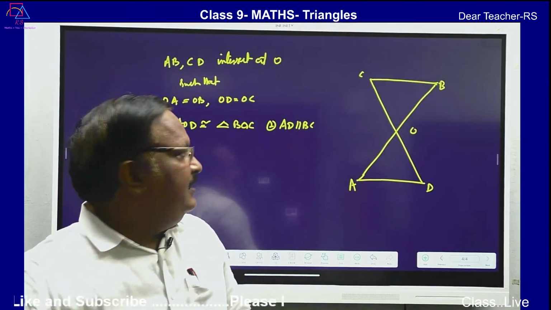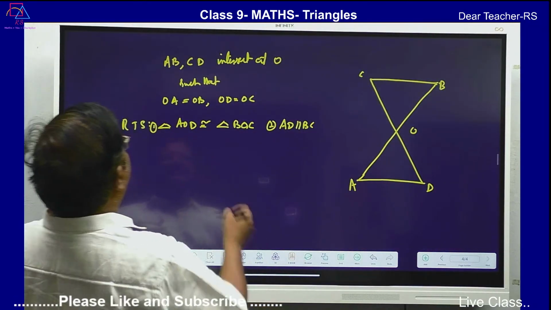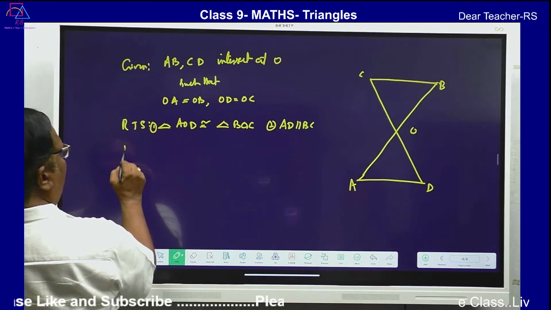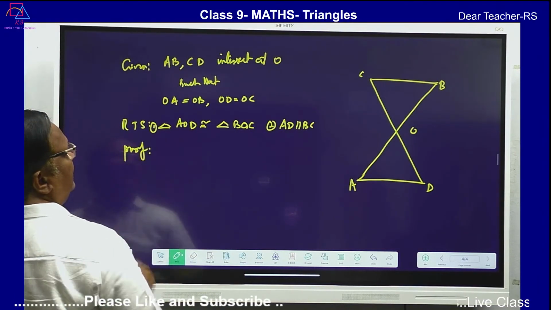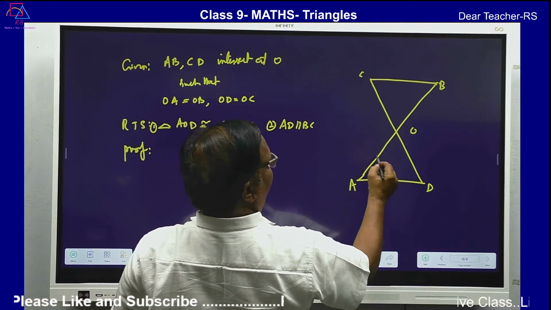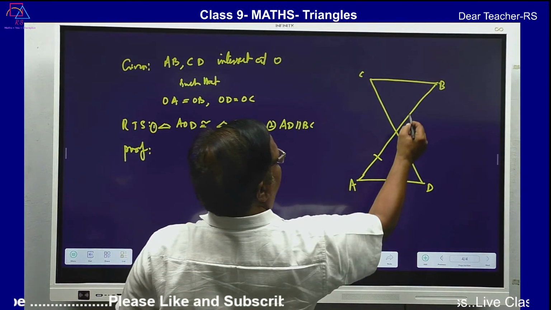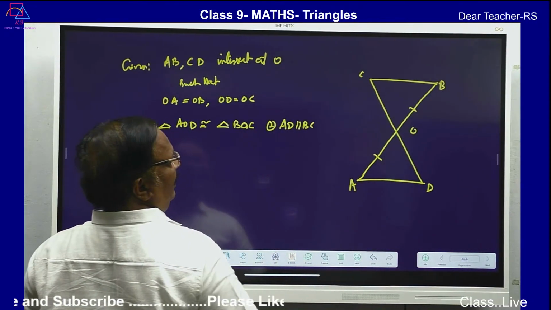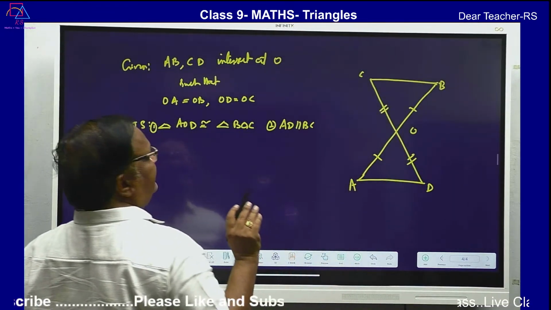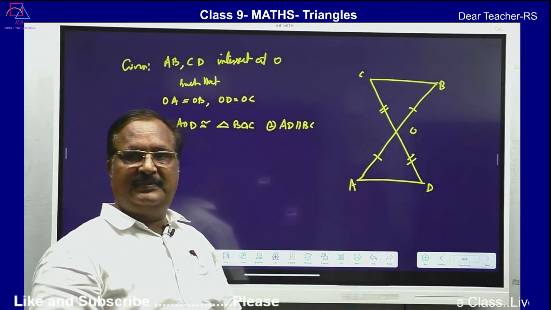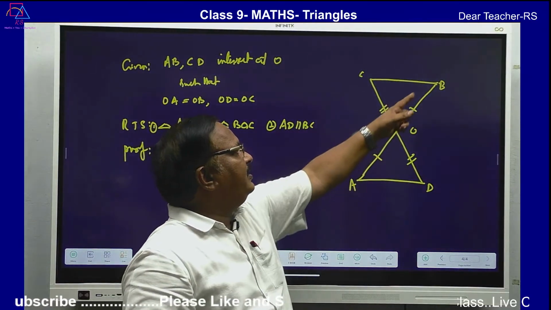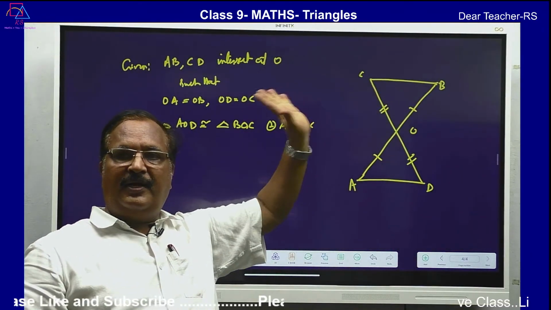Now, given this entire thing and the RTP, we will go to the proof. Let us indicate these equal marks. OA and OB, these two are equal. And OD is this and OC is this. That's it, nothing more is given. Now we have to prove that this triangle AOD is congruent to the upper triangle BOC.